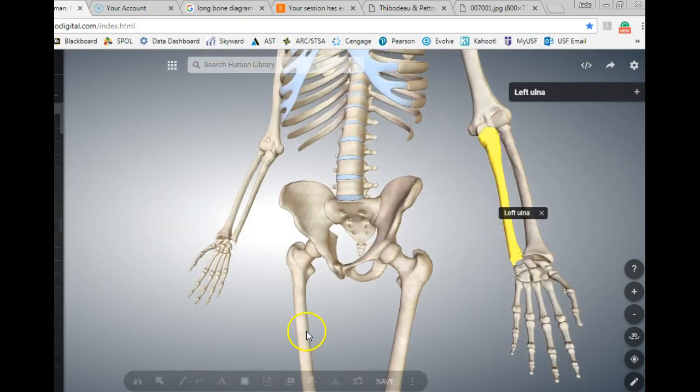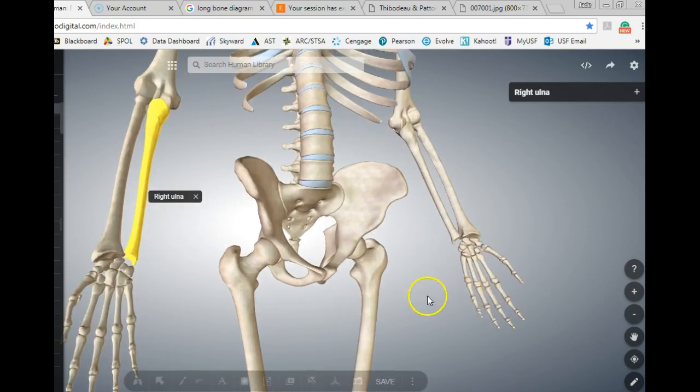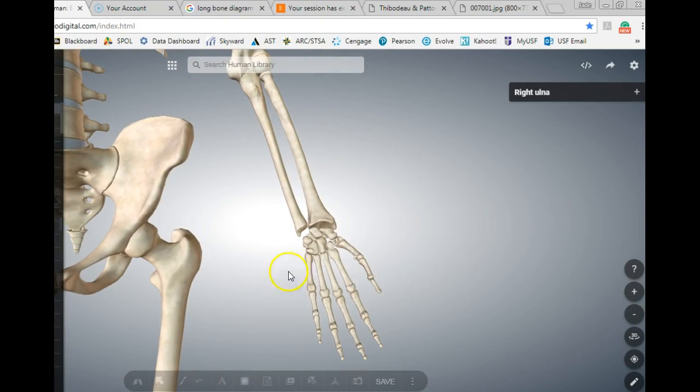We are going to have the same setup over on the left side, so humerus, radius by the thumb, and then ulna by the pinky. So the bones of the hands are really broken up into 3 different areas.